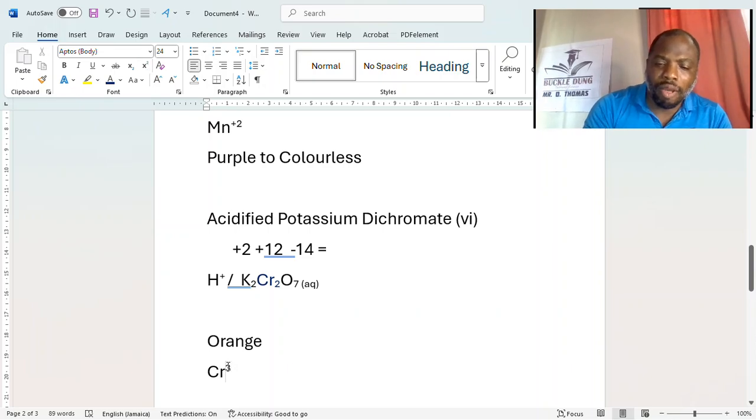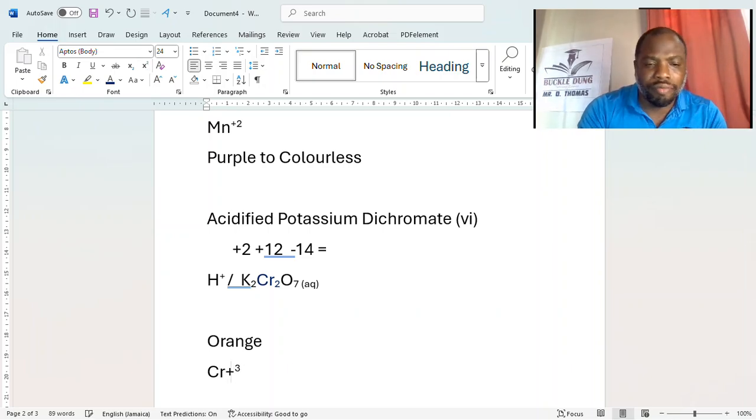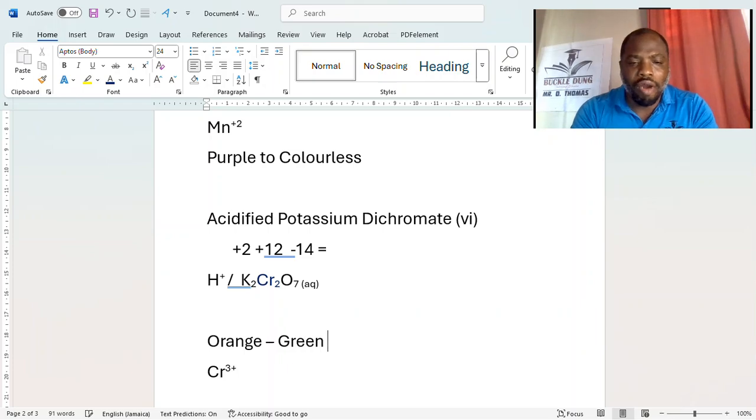Now, when it moves from a plus 6 to a plus 3, that appearance of the chromate ion is green. So when it is reduced, it moves from an orange to a green appearance.